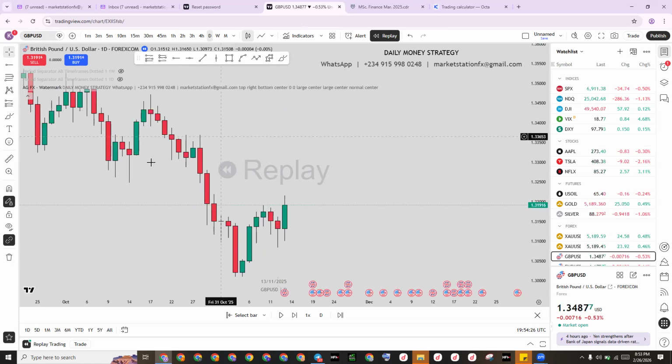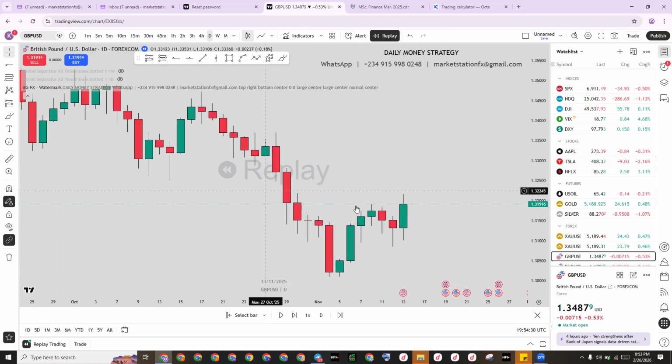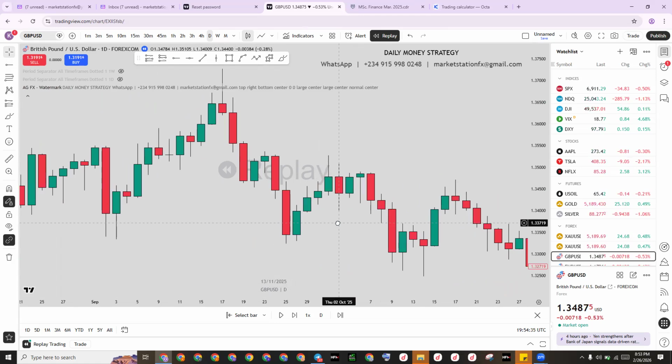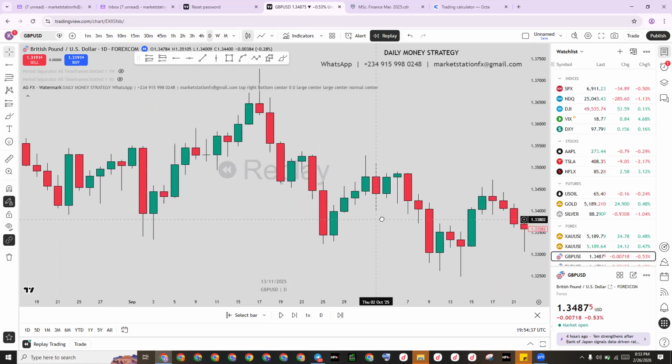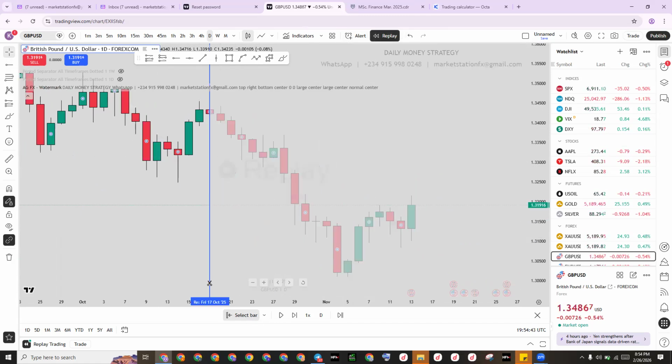Now let's look at the multiple candle model. Before we go there, let me show you some. Okay, now let's continue first. Now I've seen the multiple candle model.